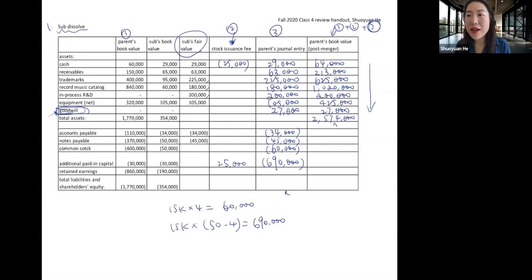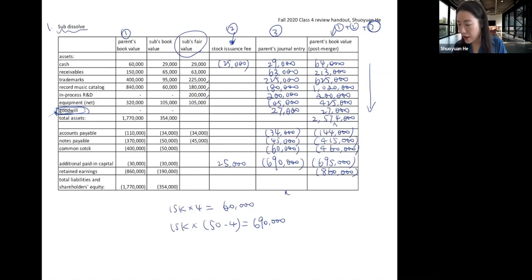And then let's look at liabilities and shareholders' equity. The total accounts payable adds up to 144,000. Notes payable adds up to 415,000. Common stock adds up to 460,000. Additional paid-in capital 695,000. Retained earnings is 860,000.